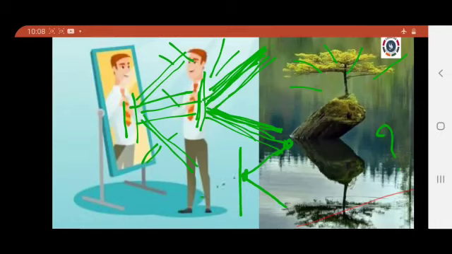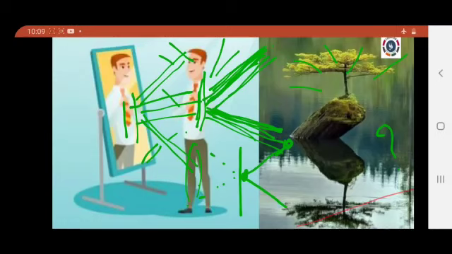That place is where we can see our image. At some points they intersect, and at that point we can see our image. This is how the image is formed.